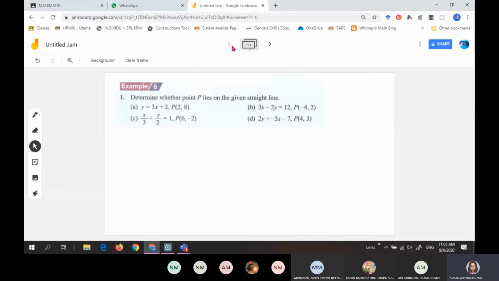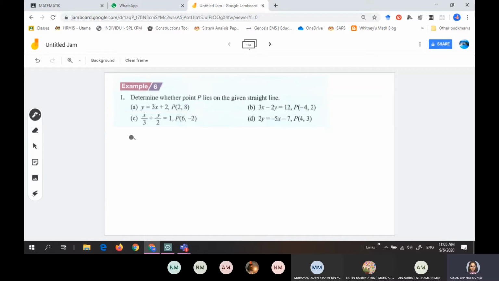Let's look at example 6 here, class. The question says: determine whether point P lies on the given straight line. So yes or no. How to find?